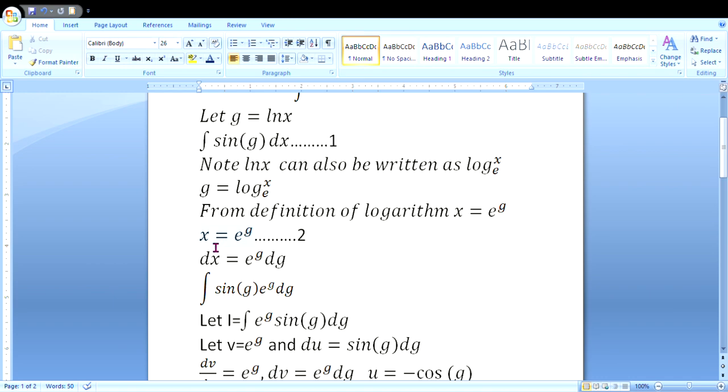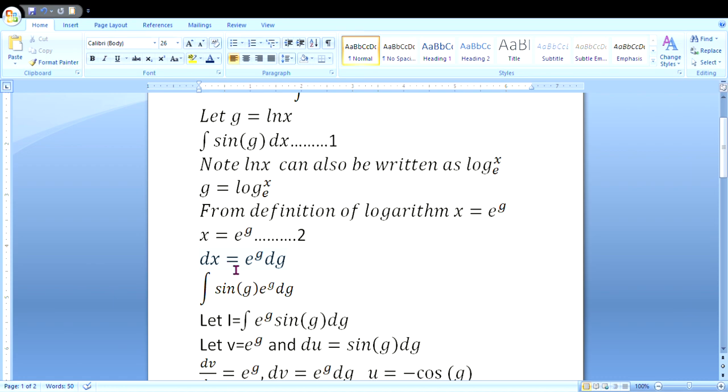Here we differentiate both sides, so this becomes dx, and note that the derivative of exponential g is also exponential g. So this becomes dx over dg is equal to exponential g, and multiplying both sides by dg, dx becomes exponential g dg.